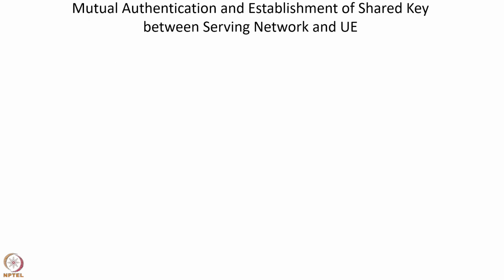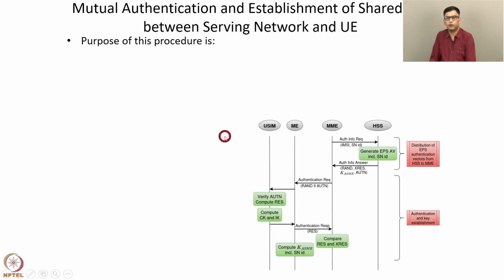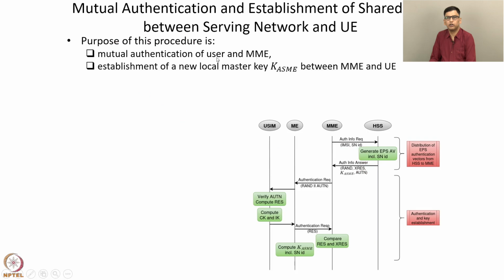So, we now discuss mutual authentication and establishment of the shared key between the serving network and the UE. So, that process is shown here, and we have discussed this earlier. The purpose of this procedure is mutual authentication of the user and the MME, in particular mutual authentication of the SIM card and the MME.